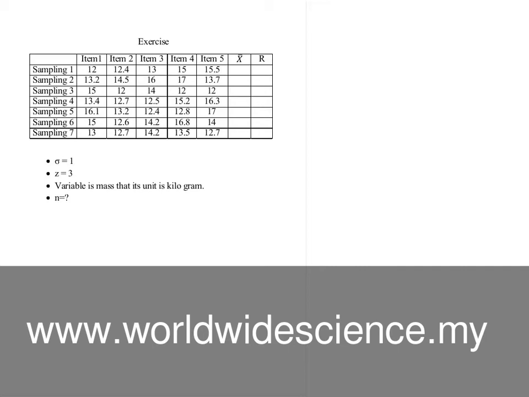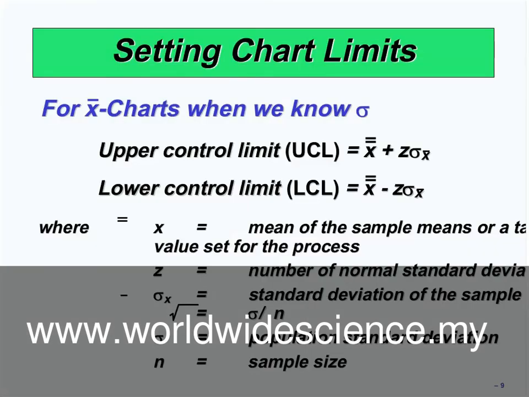Very good. Because in each sampling, 5 items have been selected by the operation manager or quality manager. So n, or sample size, is 5. If you see this formula, in the last line, small n is the sample size, and it should be used in calculating sigma x bar, the standard deviation of the sample. As you remember, the standard deviation is calculated as sigma.